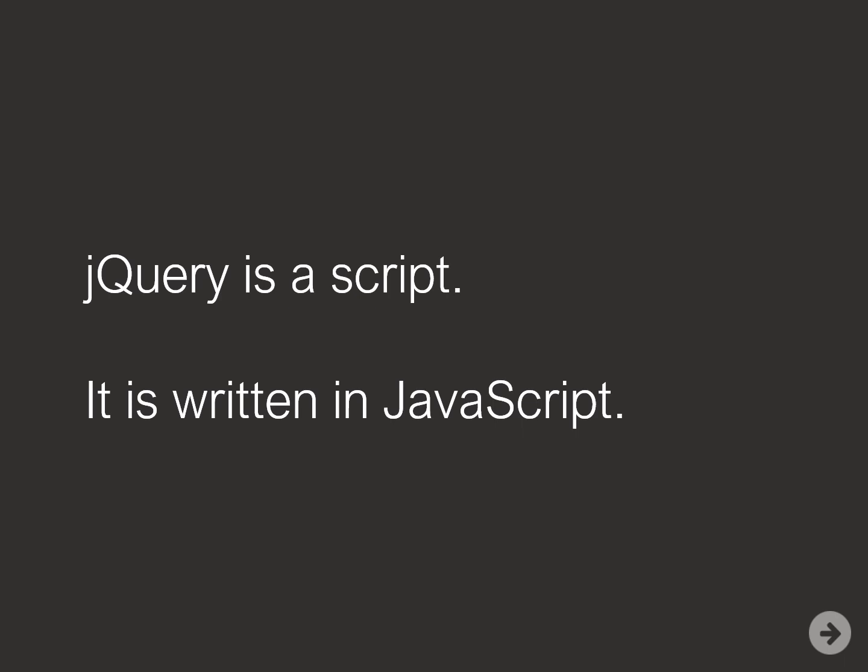So here is the formal definition. We said that jQuery is a script written in JavaScript. That means the experts have written a list of programs using JavaScript to make the work easier for programmers. A web programmer doesn't need to build everything from scratch.